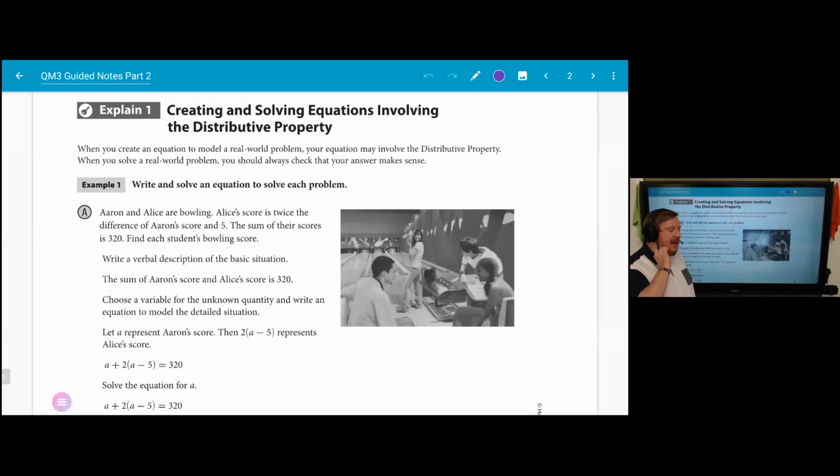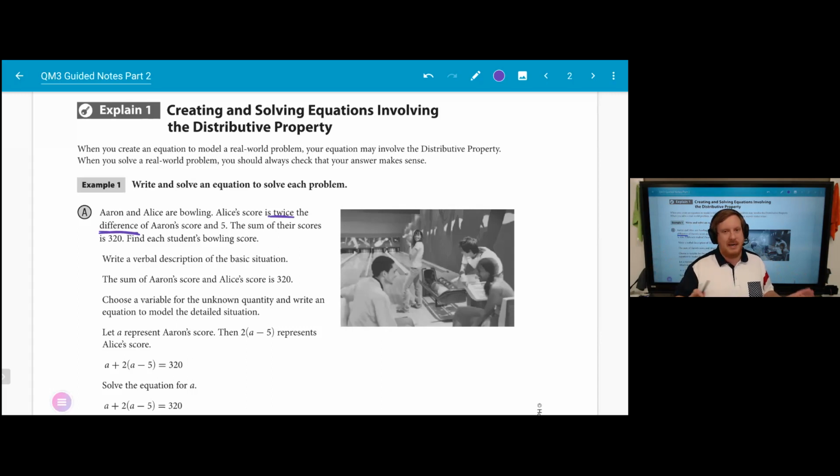Okay, it says Aaron and Alice are bowling. Alice's score is twice the difference of Aaron's score and 5. Difference and twice. I'm going to highlight those. Remember, underline important parts, right? Twice, we know that indicates a multiplication of 2 times. Difference, if you go back and look at that, means, yes, you in the back, subtraction.